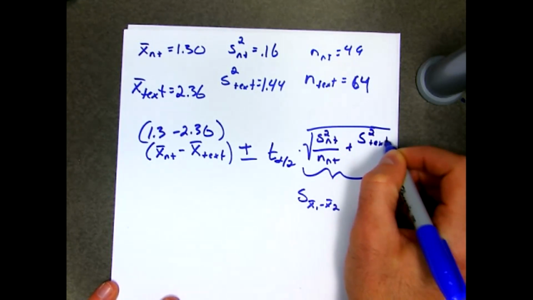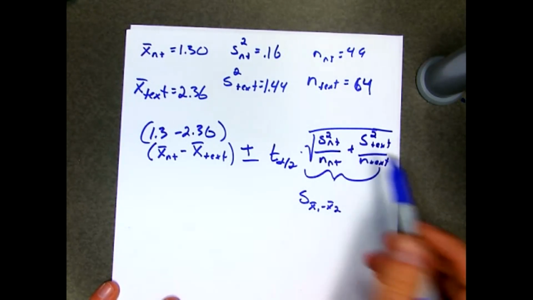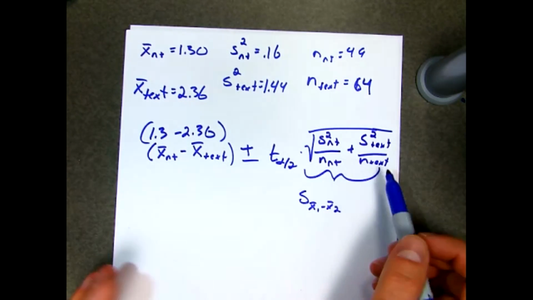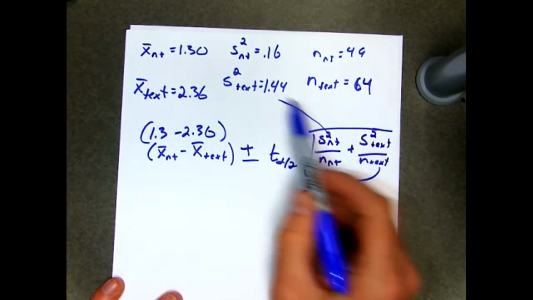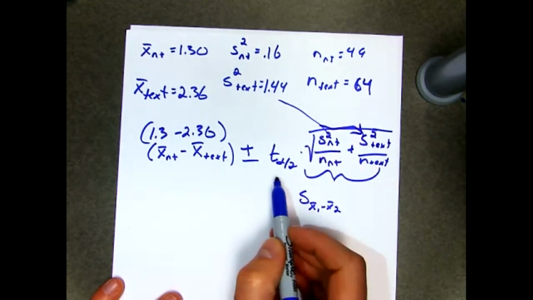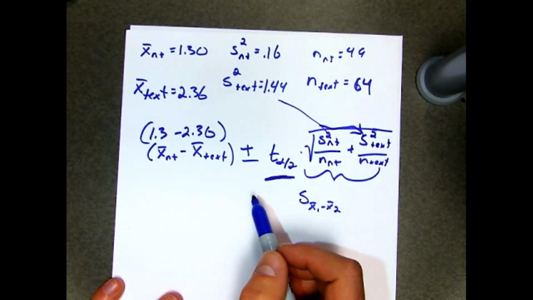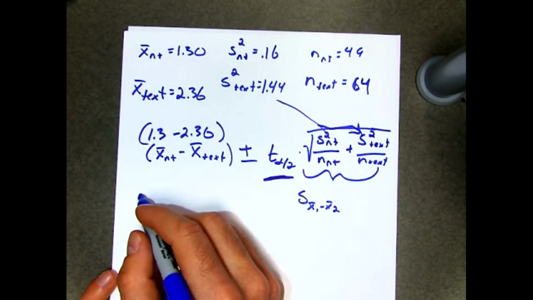Right? So now it's just a matter of plugging my values in here. I could write this out, but I'm trusting you guys. You can plug in the sample variances and the sample sizes here. The only thing left to do is really look up this t-value I need, or the number of standard deviations where I need to go. The 90% confidence interval alpha would be what?